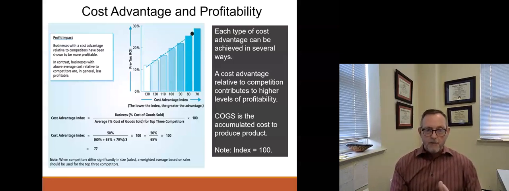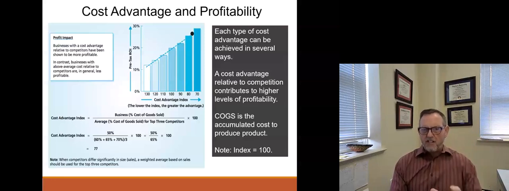In this particular example, we see that our index for our costs relative to our competitors is a 77. You can clearly see that this is below 100. So we are operating more efficiently is basically what we're saying, because we're doing more with less money in terms of our cost structure.